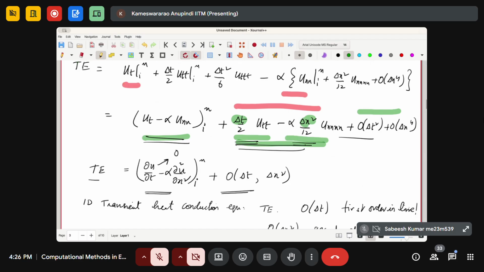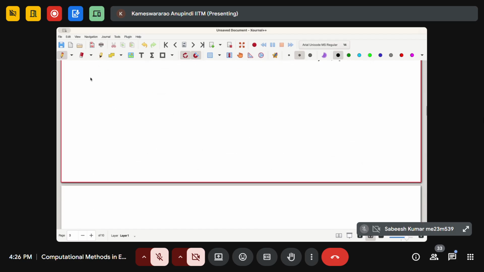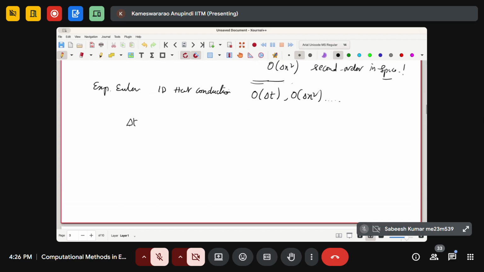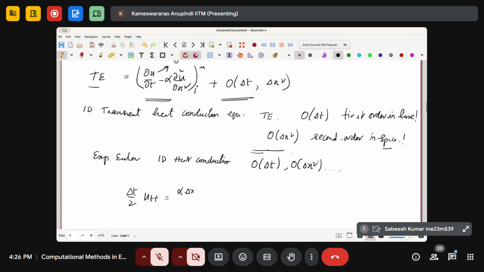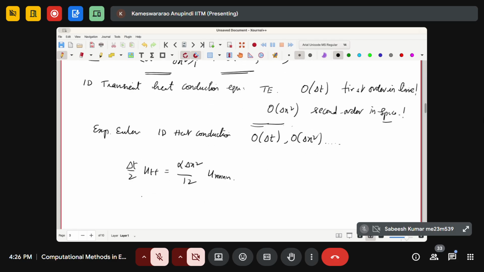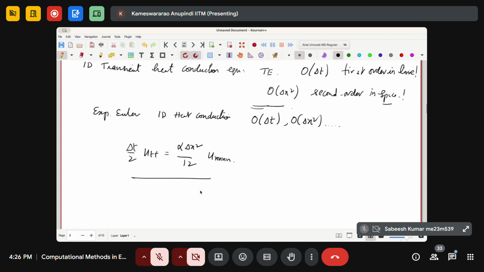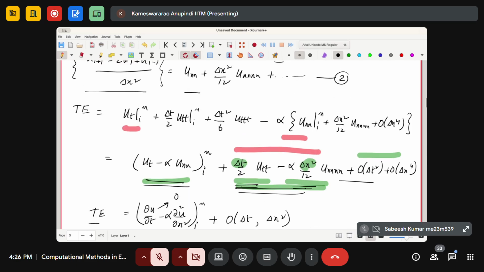That means delta t by 2 UTT equals alpha delta x square by 12 u 4x. If I can satisfy this condition by appropriately choosing my delta t and delta x, then I can make both of them equal, and one of them comes with a positive sign, the other with a negative sign, so they get cancelled.